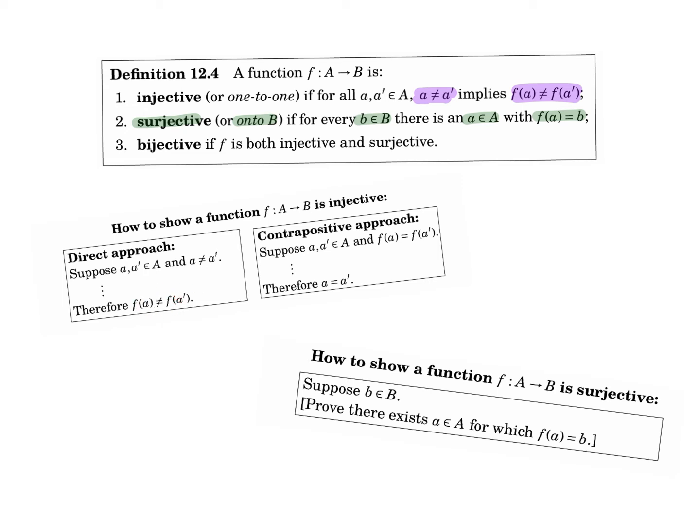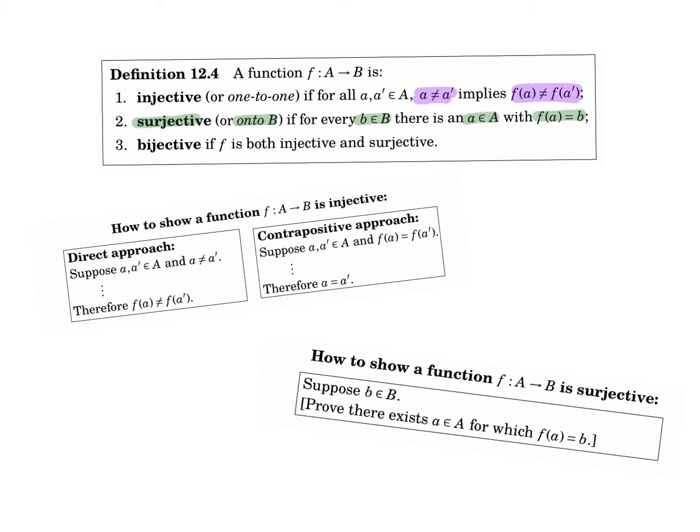But often we're going to want to do the contrapositive. So we'll assume we have a and a prime in A, and that f(a) equals f(a prime), and we'll show that the only way the outputs could be equal is if the inputs were equal to begin with. That's how I would show the contrapositive of this statement. So that's what we're going to often do for the injective proof.